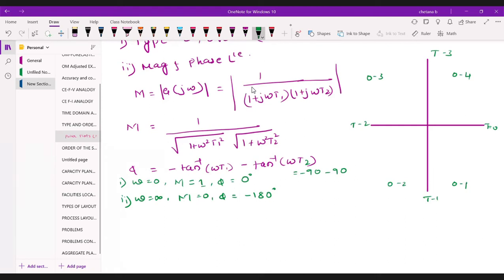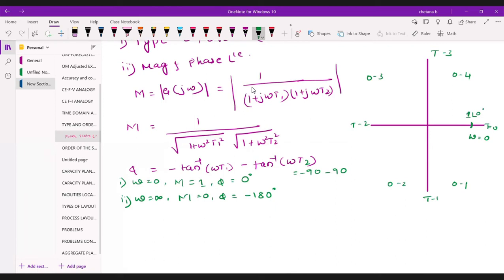So this is the location where you need to plot it or where you can expect. Okay, so omega is equal to 0, magnitude is 1, angle is 0 degree. So for this 0 degree, I'll take one point here, which is omega is equal to 0. Magnitude is 1, phase angle is 0. So this is 1, 0.